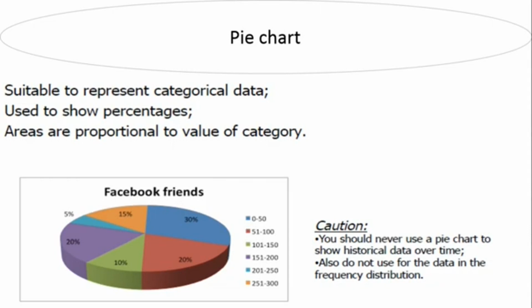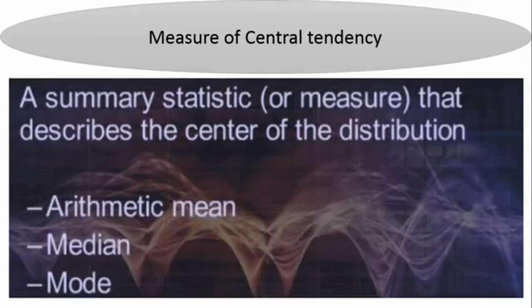We can also represent Facebook friends from the example we did previously, and we can represent people in the category with 0 to 50 friends, which we can see has the highest percentage, 30%.